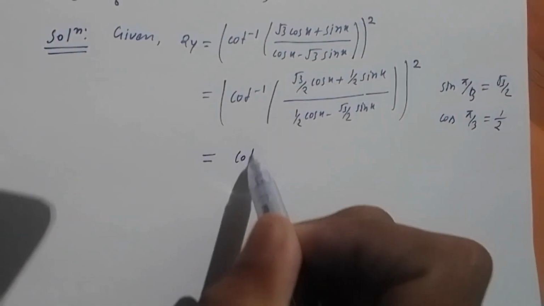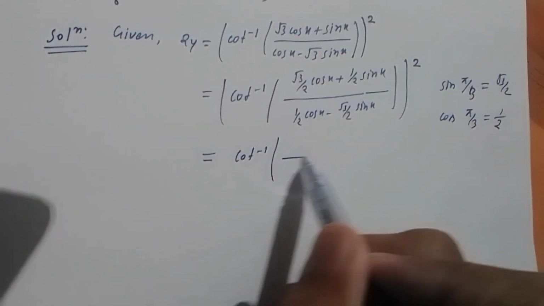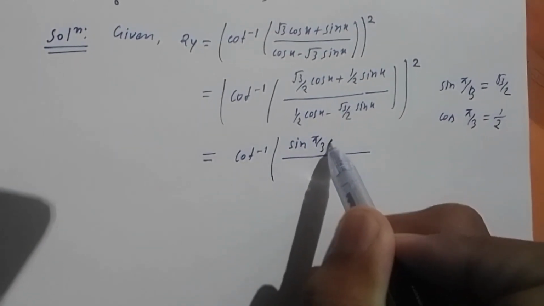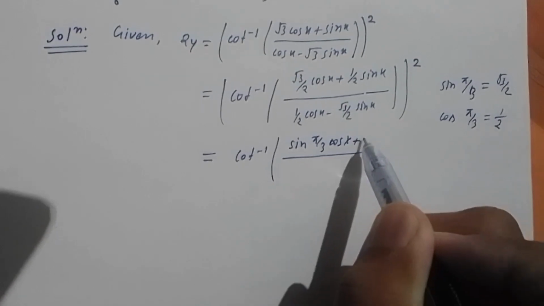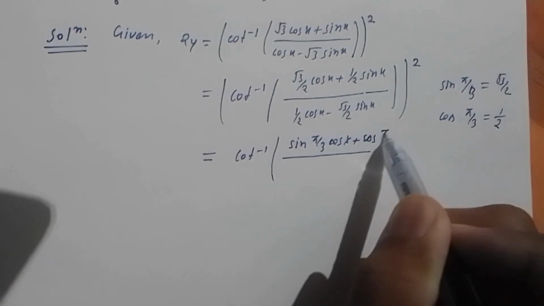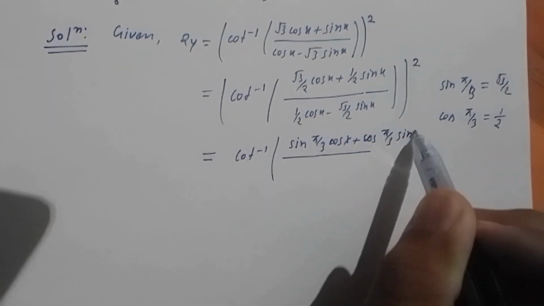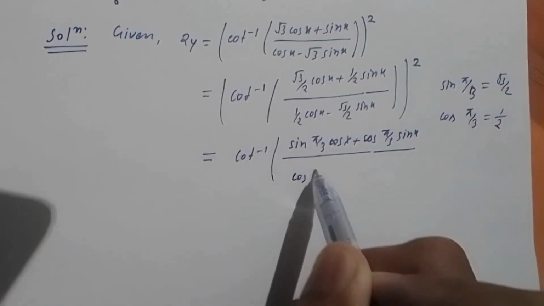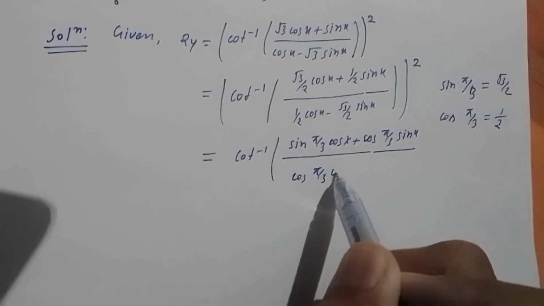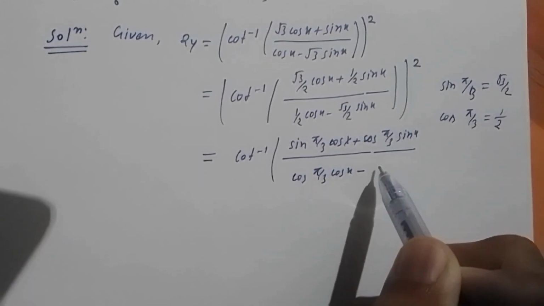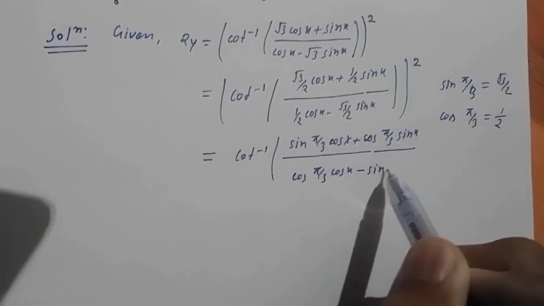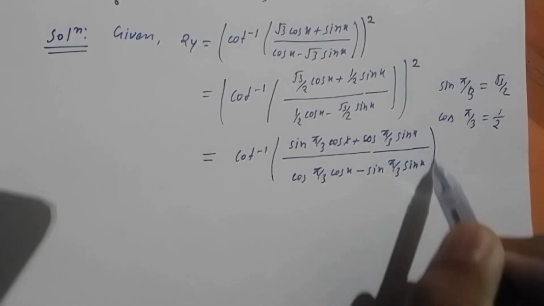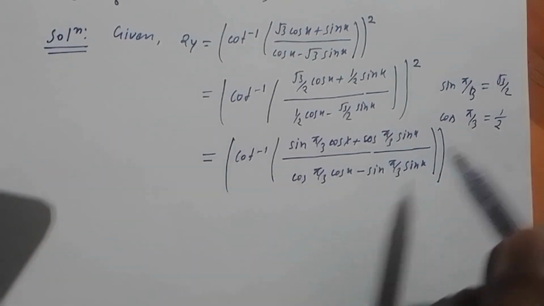So replacing root 3 by 2 and 1 by 2 by sin pi by 3 or cos pi by 3, we have cot inverse of (sin pi by 3 cos x plus cos pi by 3 sin x) divided by (cos pi by 3 cos x minus sin pi by 3 sin x), whole square.